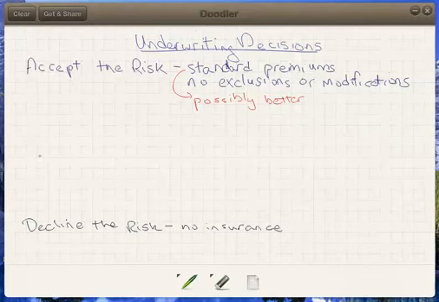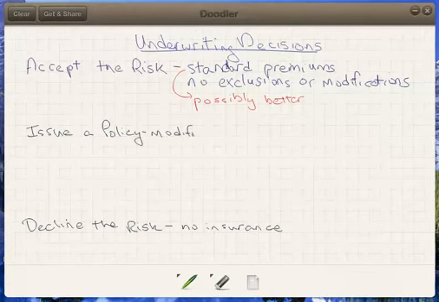So then obviously in between we have some middle ground here. One of our middle grounds would be that we issue a policy, and this is probably what's most common today, on a modified basis. What we mean by a modified basis is that you might pay a higher premium.